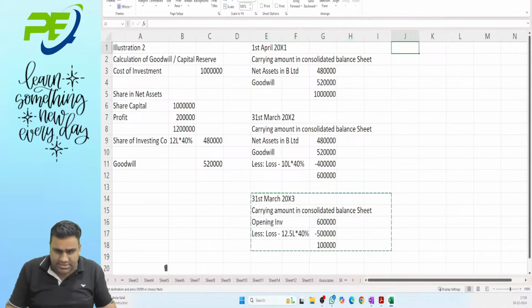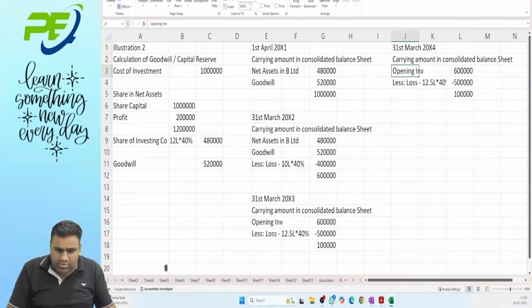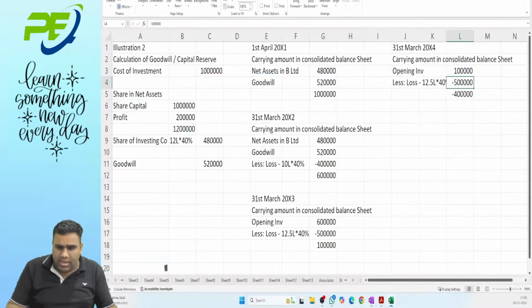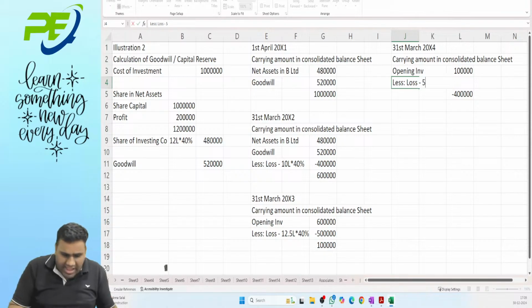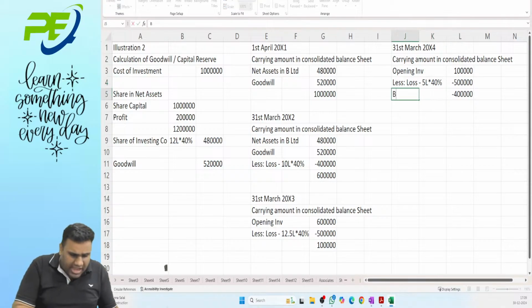Now last, 31st March 20x4. Opening investment 1 lakh. Loss: 5 lakh into 40%, but restricted to the value of investment.